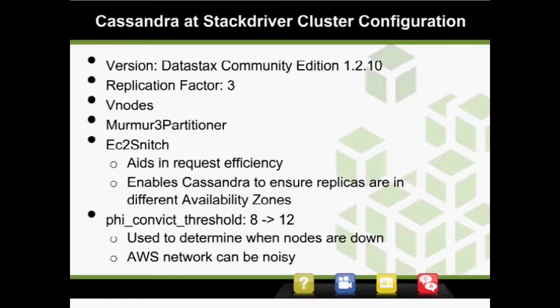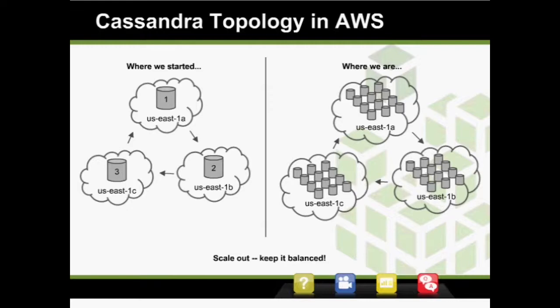So here's a visual of our Cassandra topology in AWS. On the left is where we started. We started last July as a company, and so we had a little 3-node cluster running in A, B, and C in US East. As we've grown and our customers have grown, we've had to scale this out.